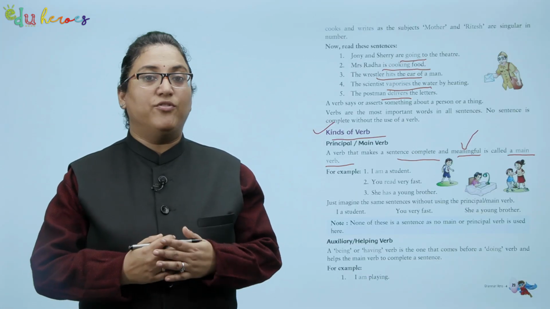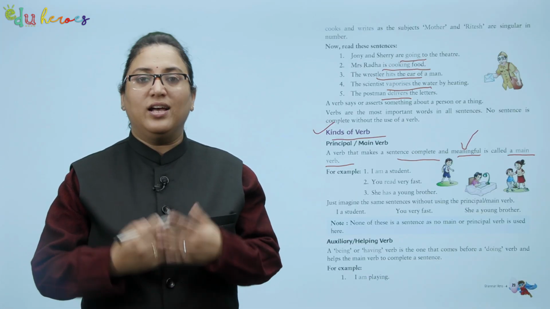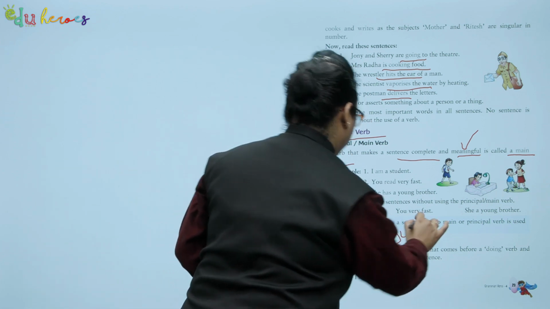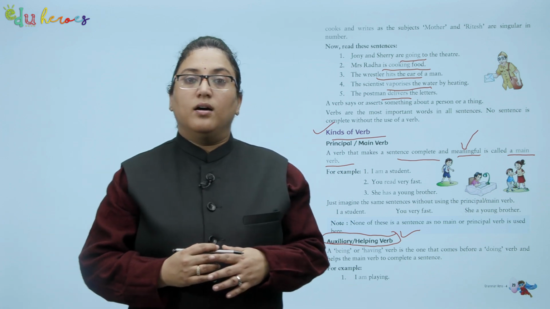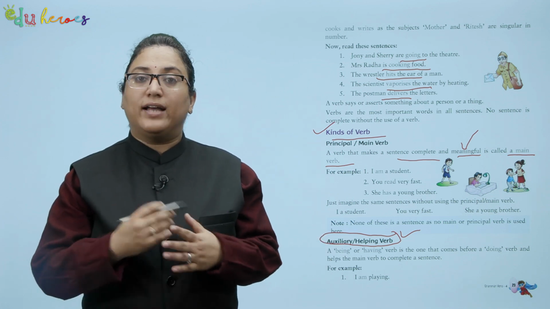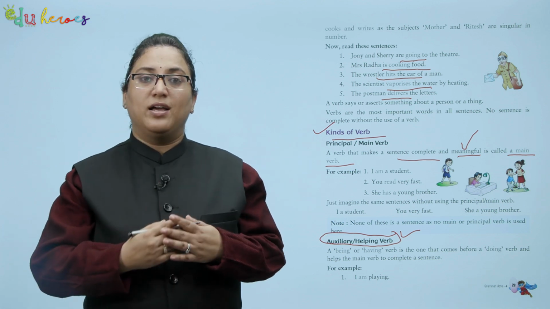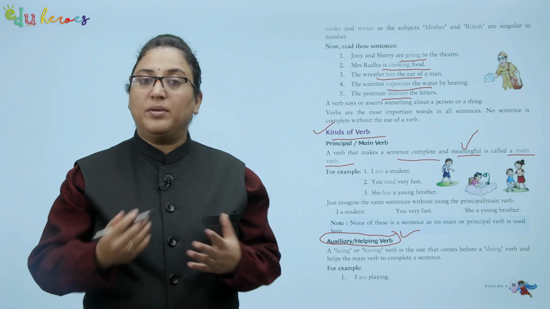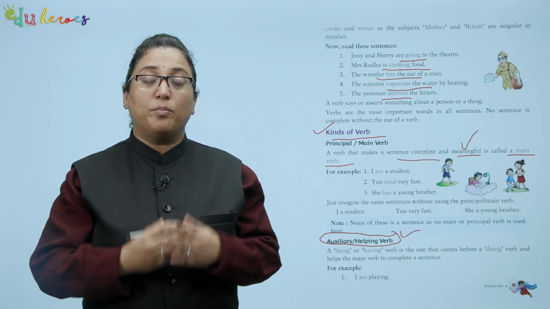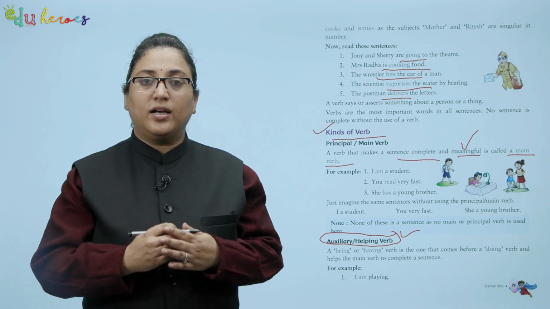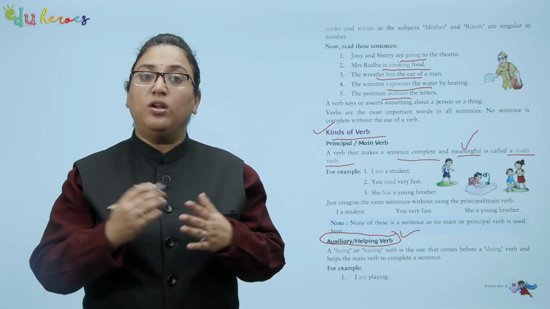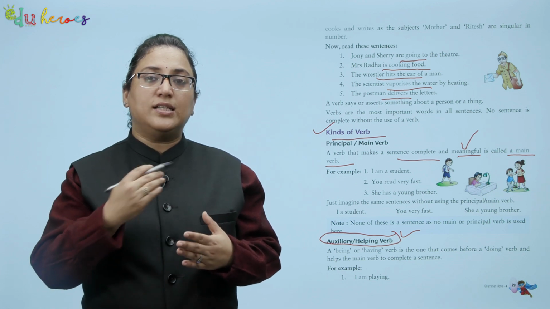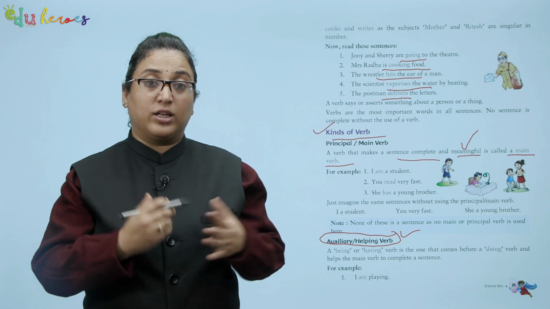Another important type of verb is auxiliary or helping verb. A being or having verb is the one that comes before a doing verb and helps the main verb to complete a sentence. जैसे कि नाम ही बता रहा है, हेल्पिंग वर्ब वो होता है जो मेन वर्ब की हेल्प करता है ताकि पूरा सेंटेंस मीनिंगफुल लगे. और ये डूइंग वर्ब से पहले होता है.